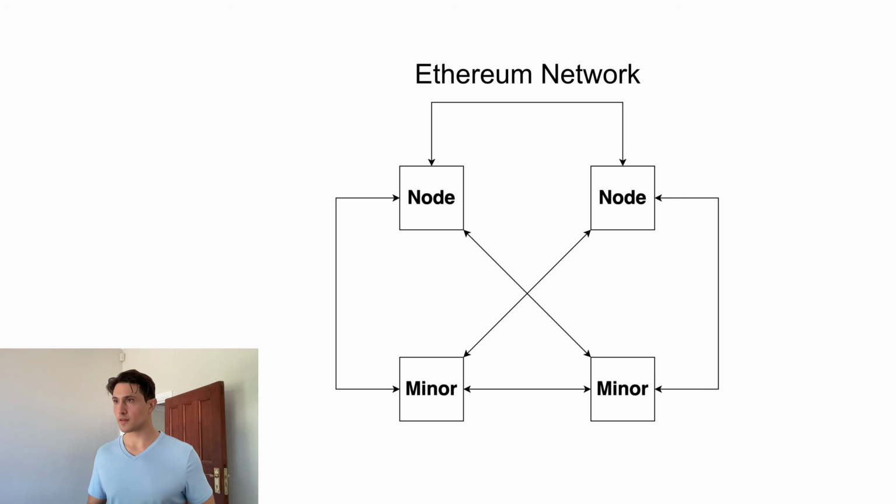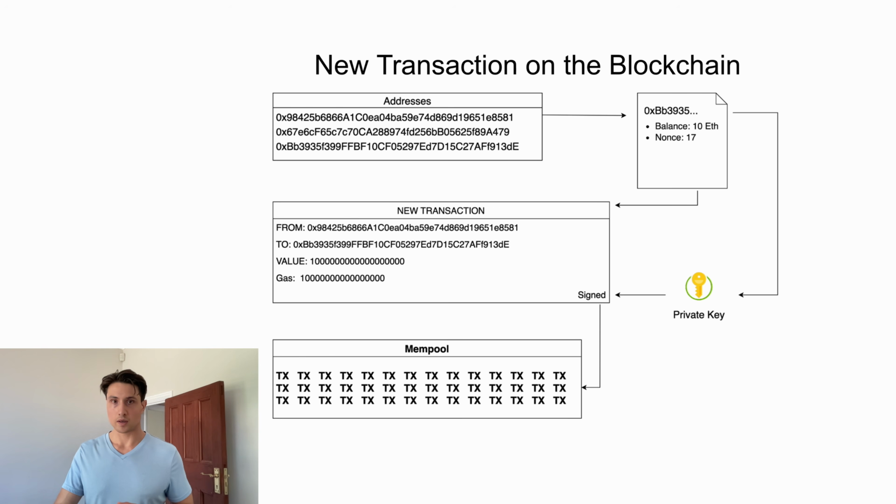And another thing that's important is that each node has one vote. And before a block can be added into the blockchain, all the nodes have to be in agreement. So that's very important to understand. But we'll come back to this. But for now, let's move on and let's talk about how transactions are executed on the blockchain.